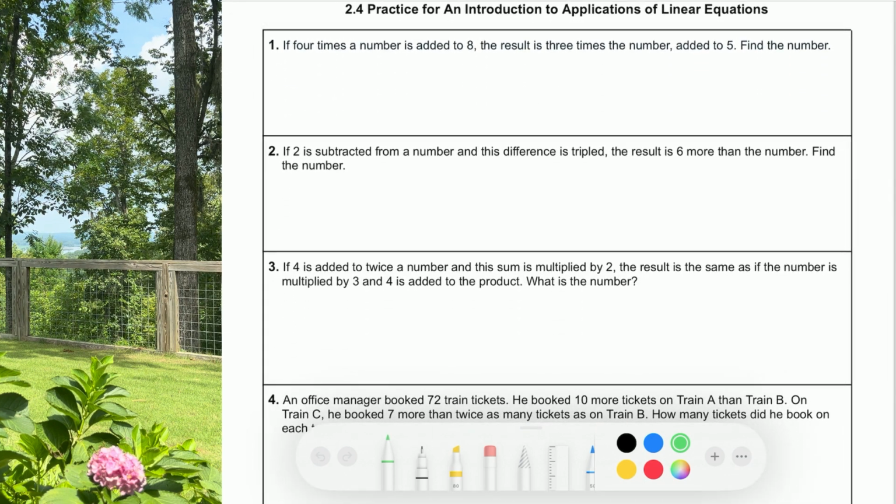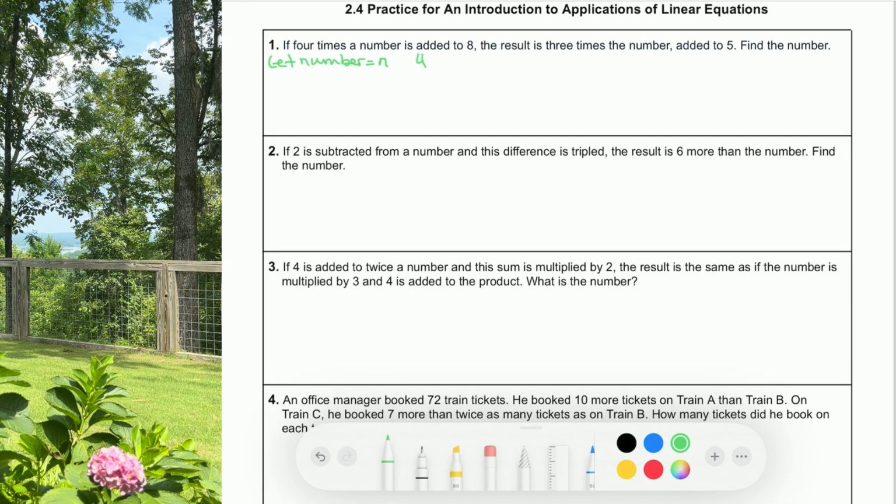Number 1: if 4 times a number is added to 8, the result is 3 times the number added to 5. Find the number. Let's first designate: let number equal n. We're going to use n anytime the word number appears in our problem.